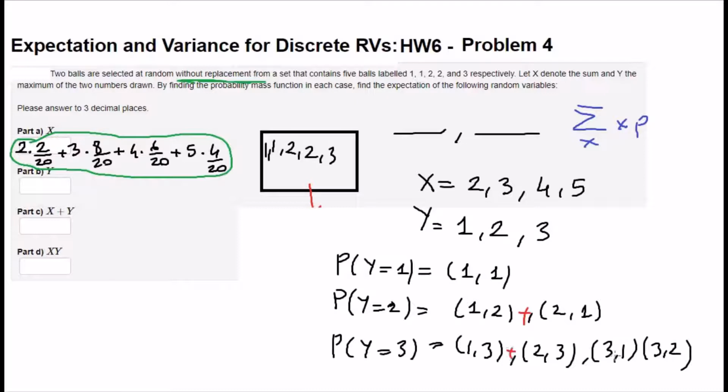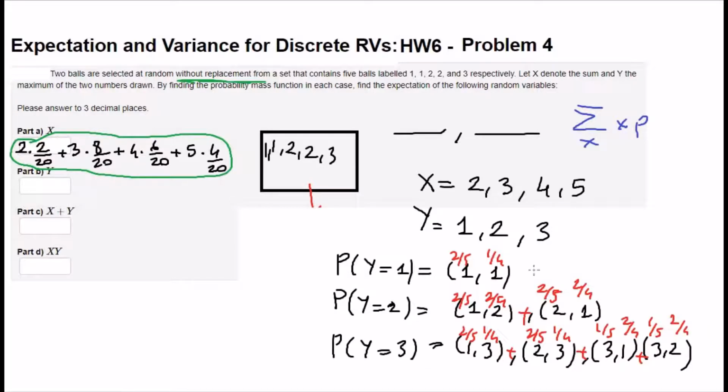And we're combining these probabilities. So picking 1 is 2/5, picking 1 is 1/4, then 2/5, 2/4, 2/5, 2/4, 2/5, 1/4, 1/5, 2/4.